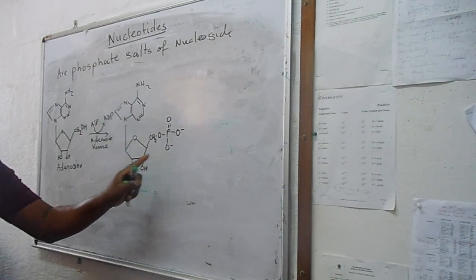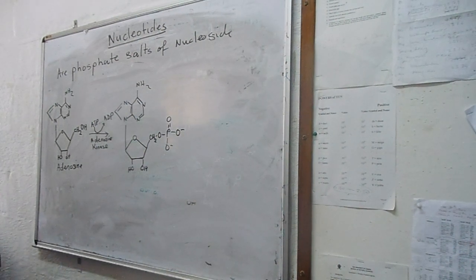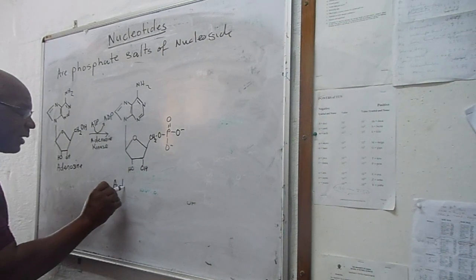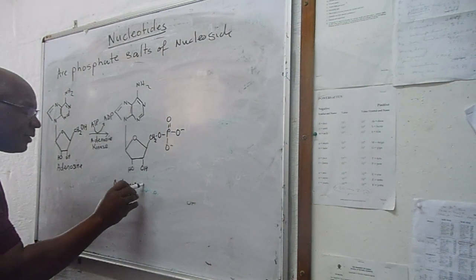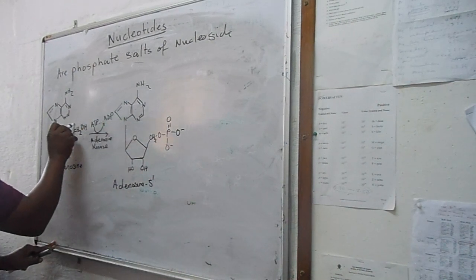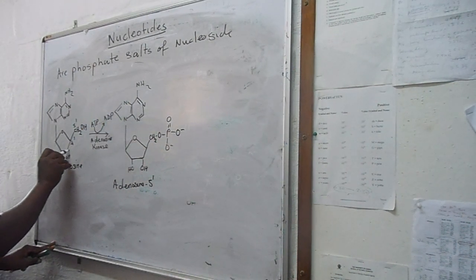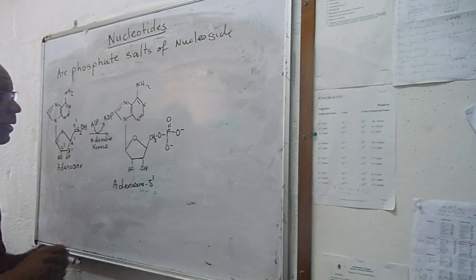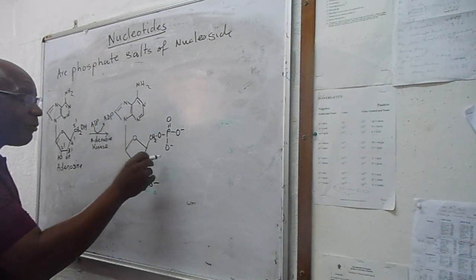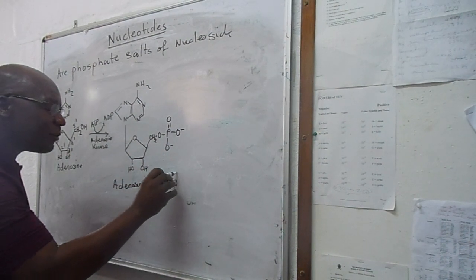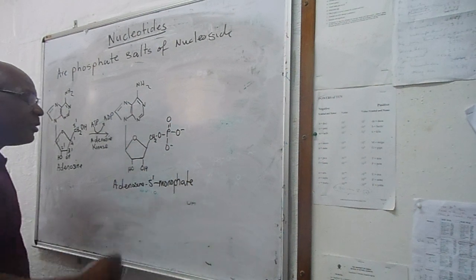So what we have formed is adenosine at 5'. 5' is here, then 4' carbon, 3' carbon, 2' carbon, 1' carbon. Here we have added how many phosphates? Only one, so we call it monophosphate. So this is another nucleotide.